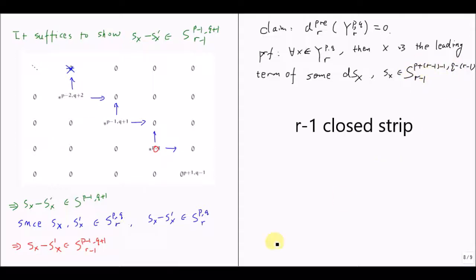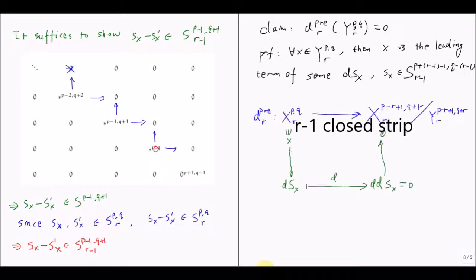Now by definition, we can first lift x to d s_x. Notice that d pre sub r is independent of our lifting. We send this d of s_x to d d s_x, which is 0 because dd is 0, and send it back to an element here. But it should also be 0 because the whole term is 0. Its leading term must also be 0. Therefore, d pre sub r kills Y^{p,q}_r.